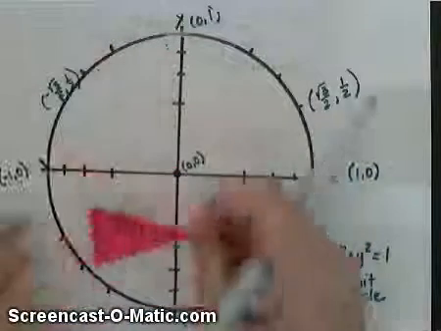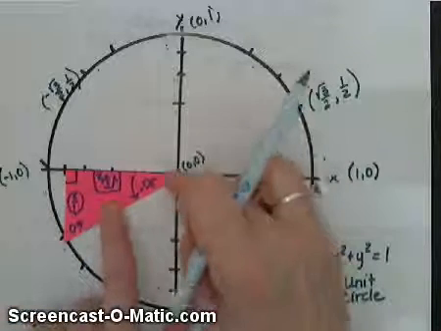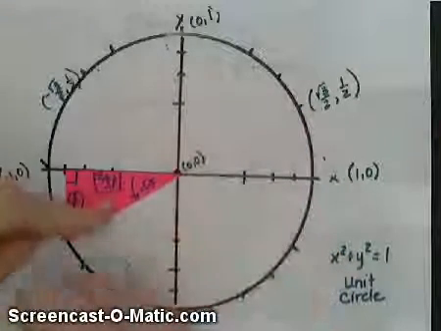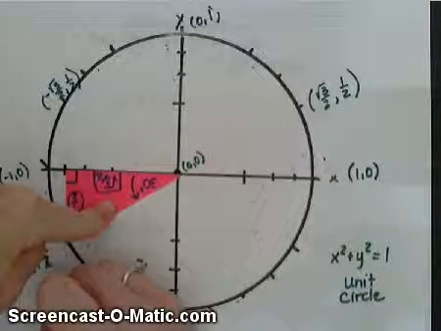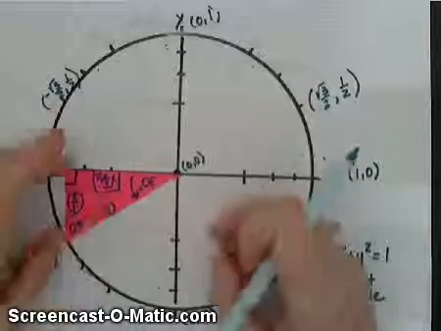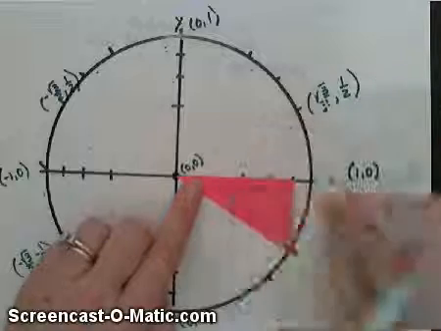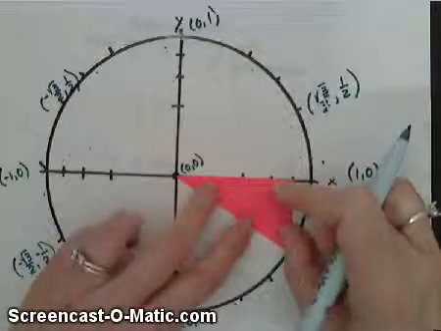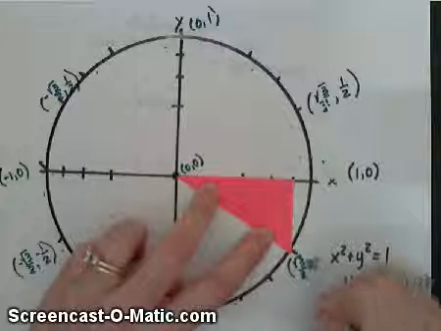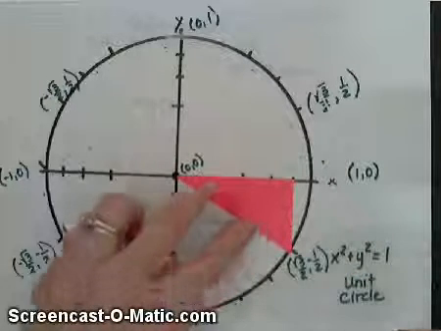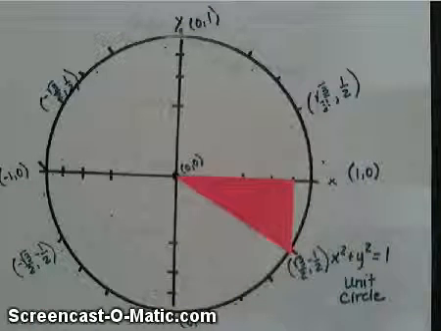All right, now I'm going to flip the triangle down like this, and my measurement would be negative square root of 3 over 2, negative 1/2. And finally, I'm going to flip it over like this, so my 30 is still right here, and this measurement would be positive square root of 3 over 2, negative 1/2. So what I've done is I have manipulated that 30-degree angle all the way around the circle.